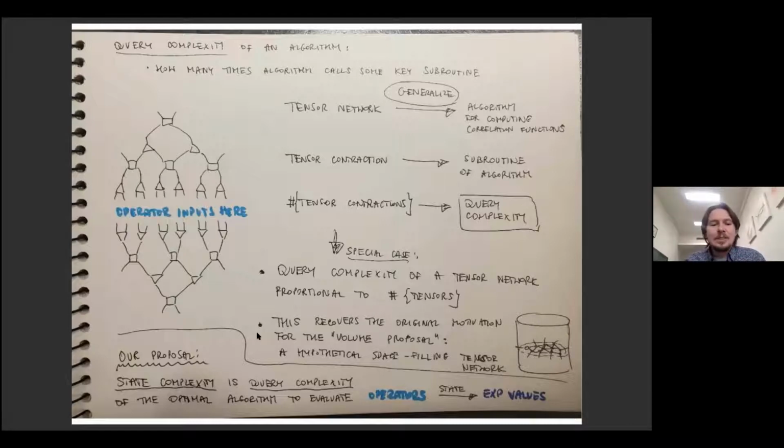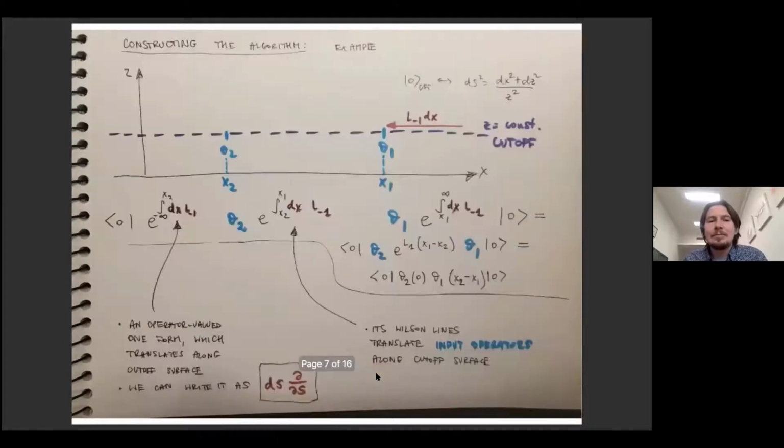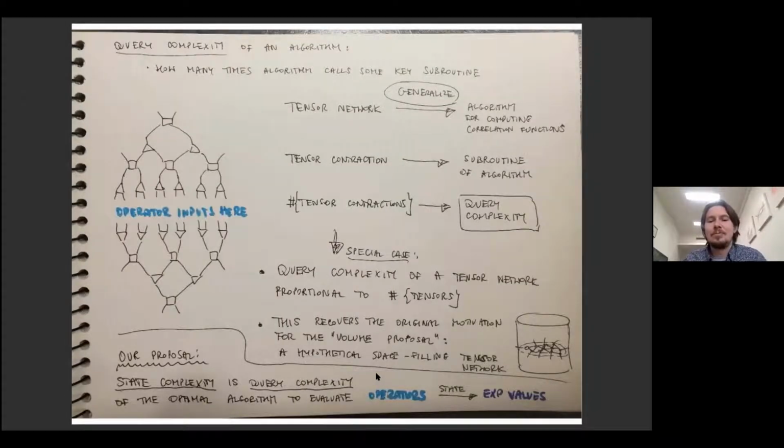Okay, so the proposal that I am putting forward here is that state complexity in the CFT is really the query complexity of the optimal algorithm that sends operators to their expectation values in the particular state. Any questions or comments about that? If there are none, but please tell me if there are, then let me tell you how to construct such an algorithm.